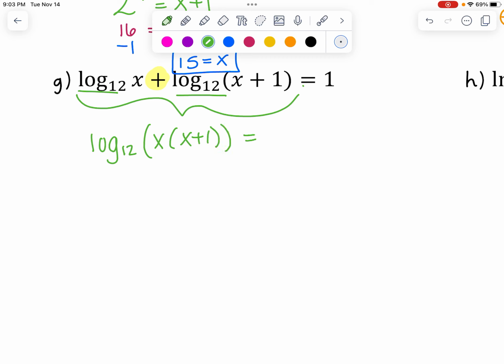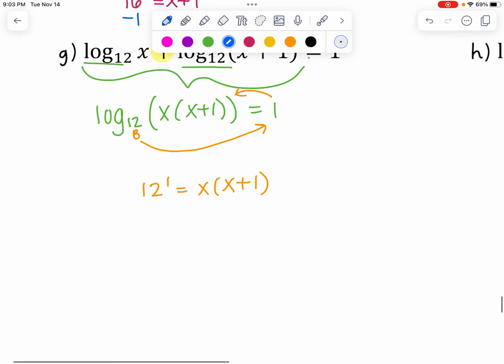Bring down that equals 1. Now I only have one log, so I need to switch to exponential form. My base is 12, so 12 to the power of 1 equals x times x plus 1.